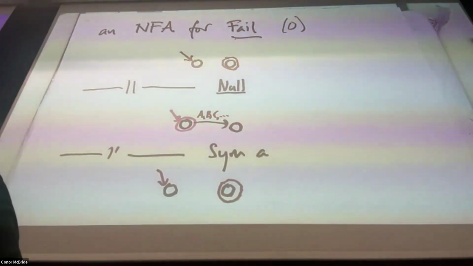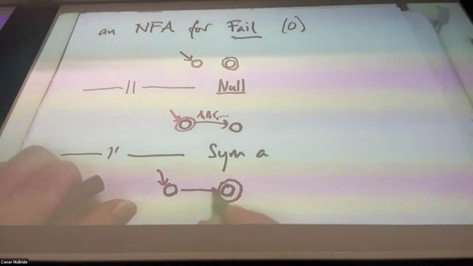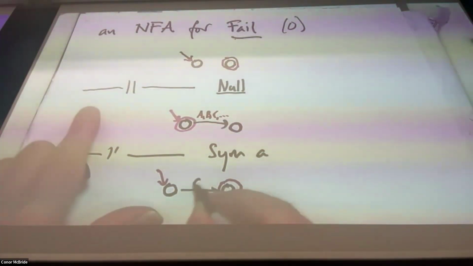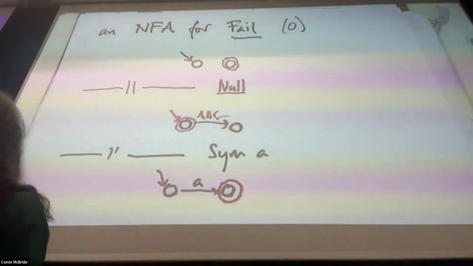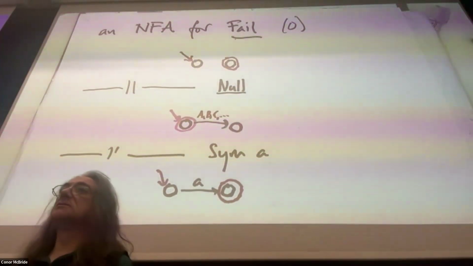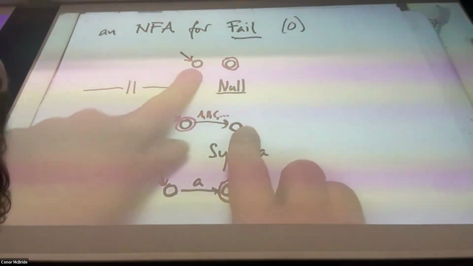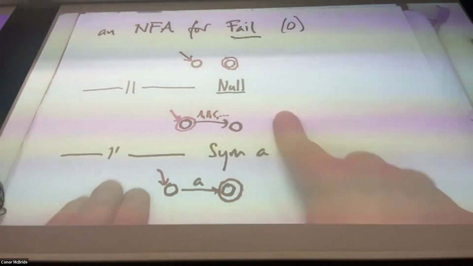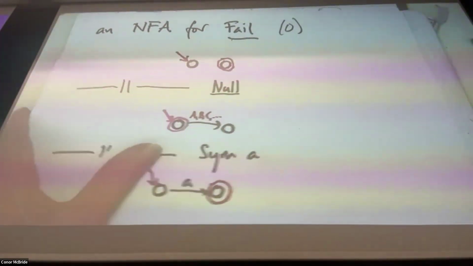One accepting state. One transition labeled by A. So there we go. That's our three base cases of the induction. We know how to build a one start state, one accepting state NFA for fail, and for null, and for a single symbol A. Now we've got three step cases to work through.